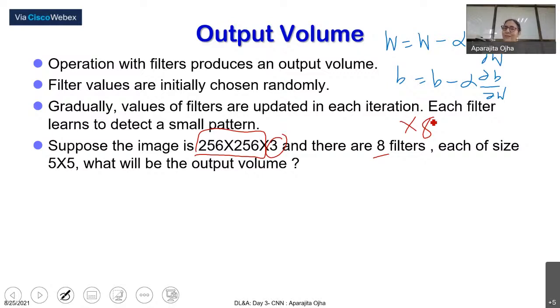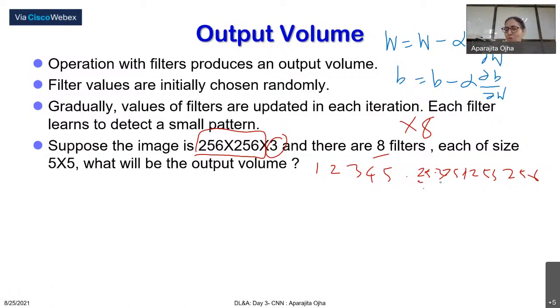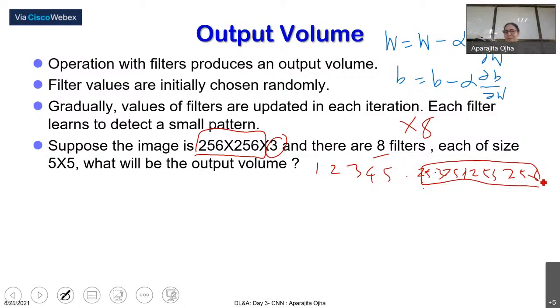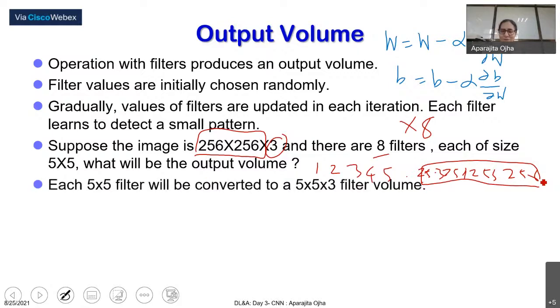You start from say 1, 2, 3, 4, 5, and you go up to 256, 255, 254, 253, 252, right? So 252 to 256 will be the last position of the filter. So I'm asking you to do a little bit of mathematics to understand what will happen.